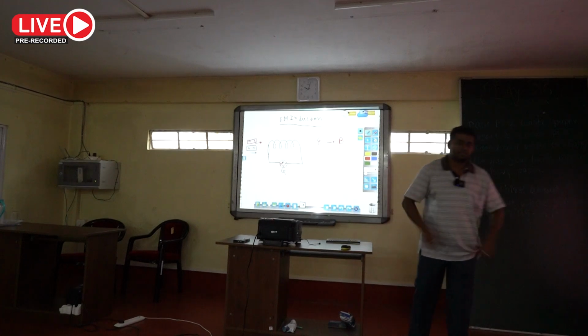If you consider that the bar magnet and coil are both moving in the same direction with constant velocity, no current will be induced, because with respect to the coil, the bar magnet has no motion in that case. So the bar magnet has to be moved. There should be some relative motion of the bar magnet with respect to the coil such that an EMF is induced in the coil. Okay, so write down this point.